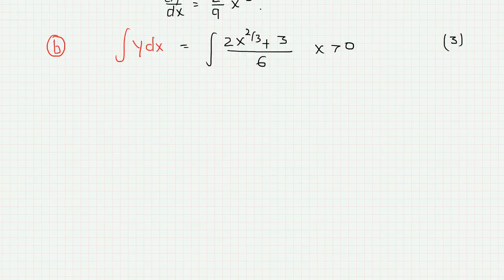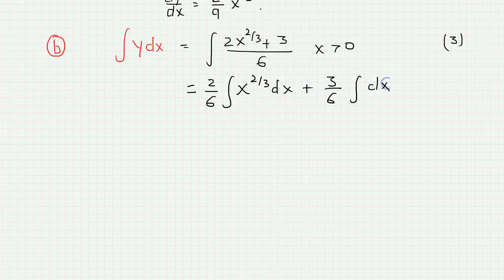Part B of the question is to integrate 2x to the power 2 over 3 plus 3 divided by 6, where x is greater than 0. So it will be 2 over 6 integral x to the power 2 over 3 dx plus 3 over 6 integral dx. 2 over 6 is 1 over 3.